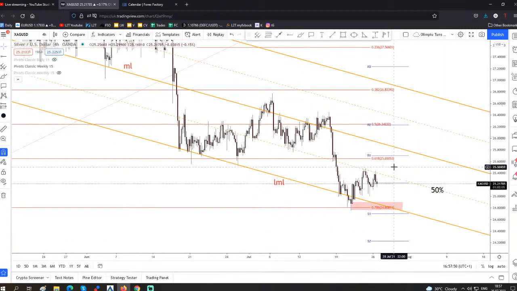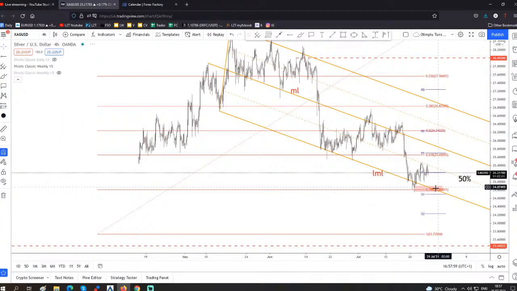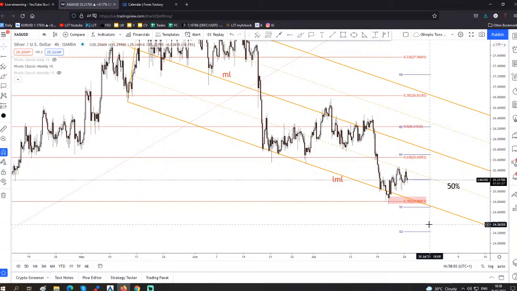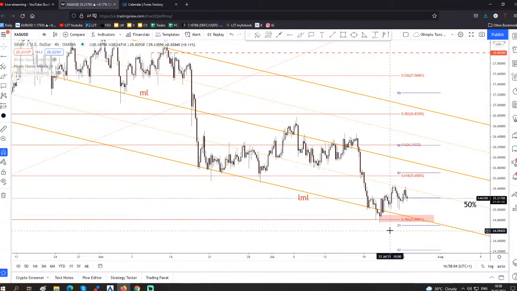Maybe a new higher high here, maybe consolidation above the weekly pivot point, breakout, but no, I will not go long right now on silver because I'm still waiting for something in gold, right?